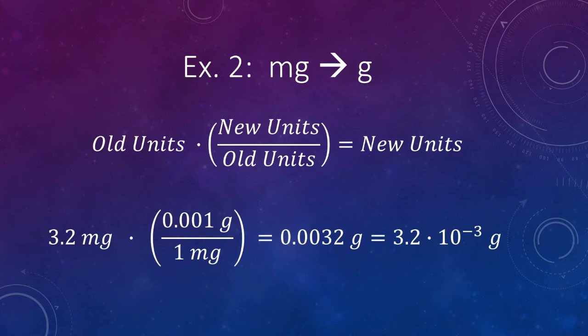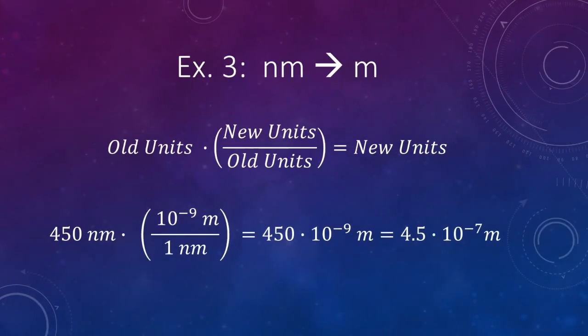Let's do our higher and lower prefixes. So let's say we go from nanometers to meters. So our old units are going to be nanometers, they'll be on bottom, and our new units of meters will be on top. So let's say we have 450 nanometers. We'll put 1 nanometer on bottom.